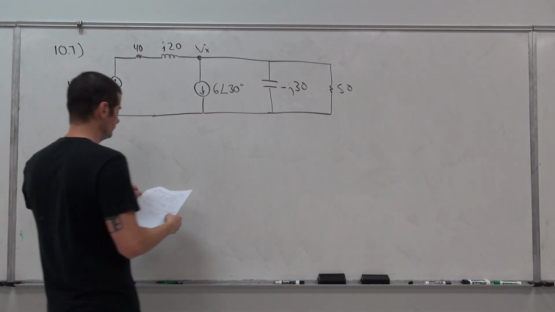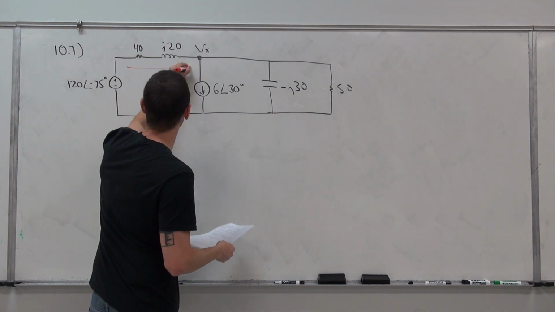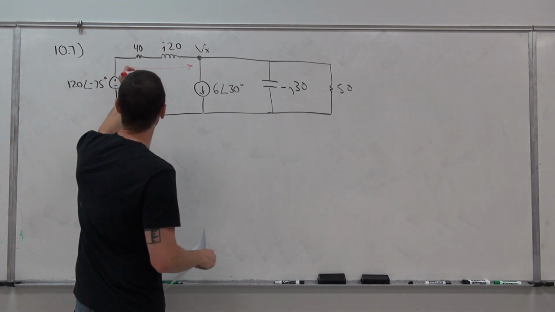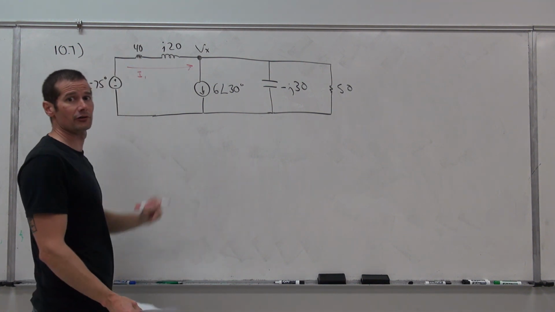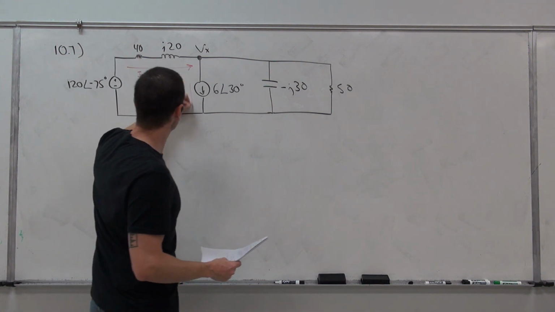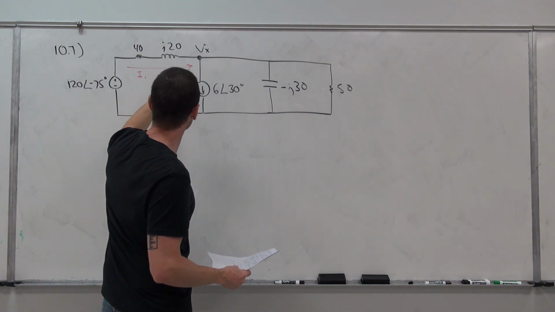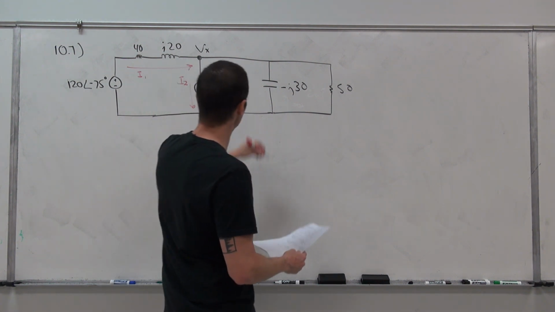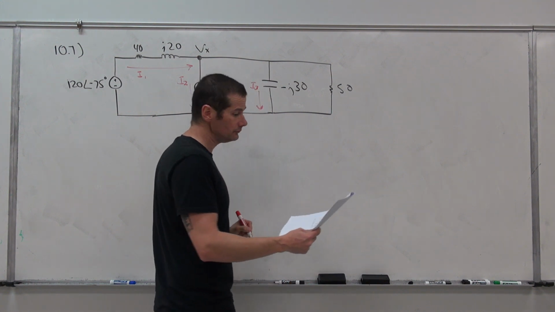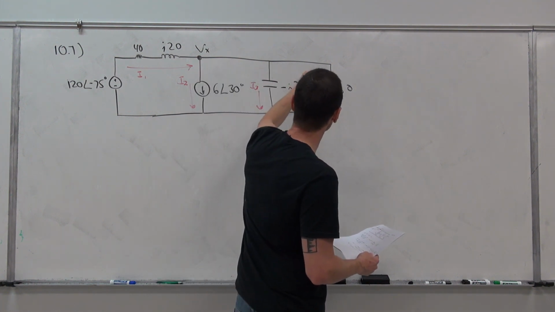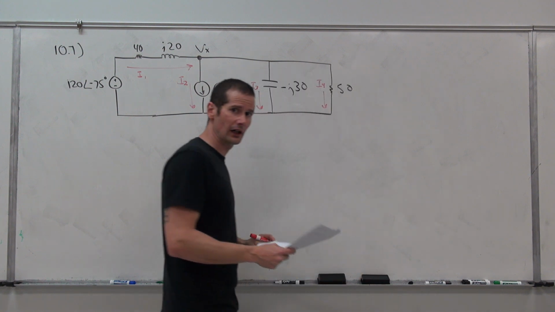So one equation and essentially one unknown. So I'm going to call this I1, the current flowing from the source through 40 ohms and also j20 ohms. And here I'm going to say the current source is I2, the current through the capacitor is I3, and the current through the resistor is I4.